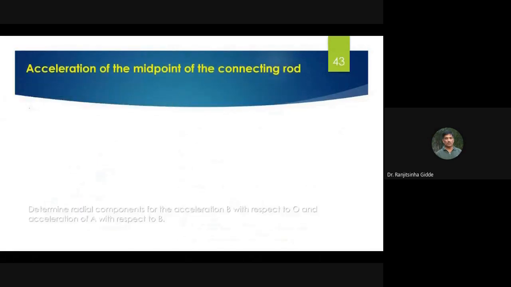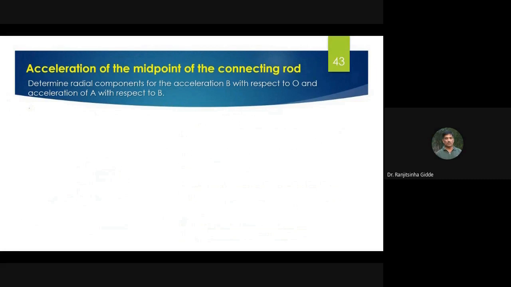Then in the next line you can write: acceleration of the midpoint of the connecting rod. Acceleration of the midpoint of the connecting rod.